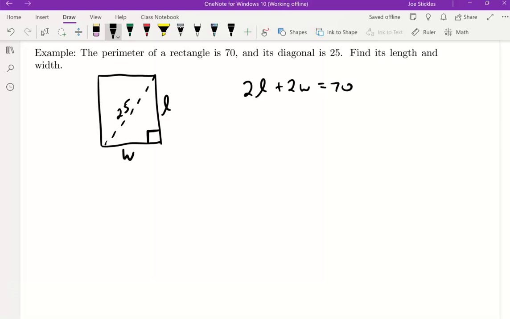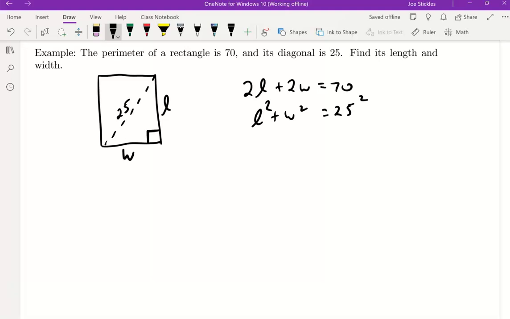Yeah, a squared plus b squared equals c squared. A and b are the legs of your right triangle, and c is the hypotenuse. So using Pythagorean theorem, what other equation will we have involving L and W? 25 squared, right? Yeah, I got to square it. Good.